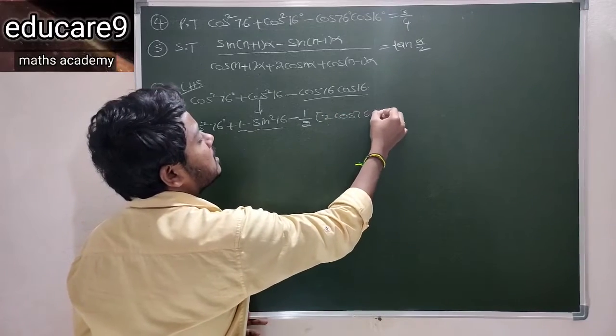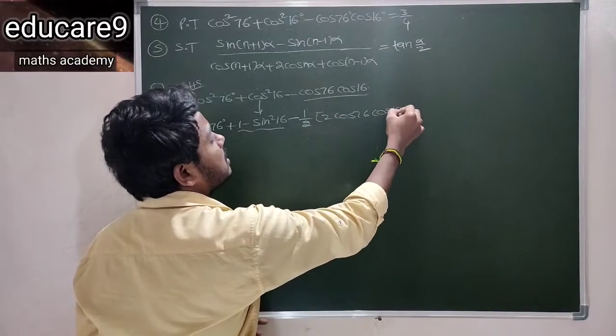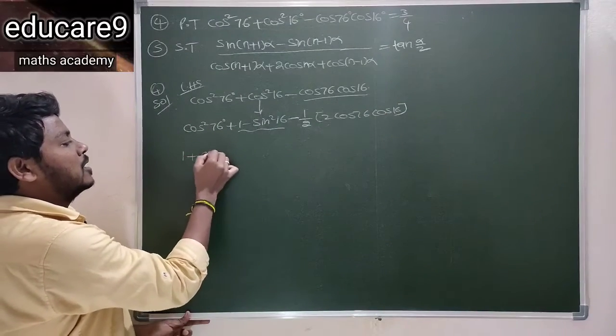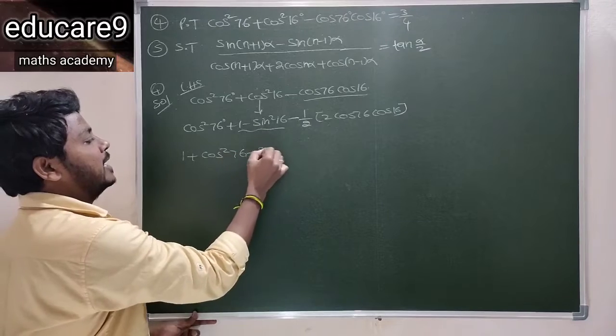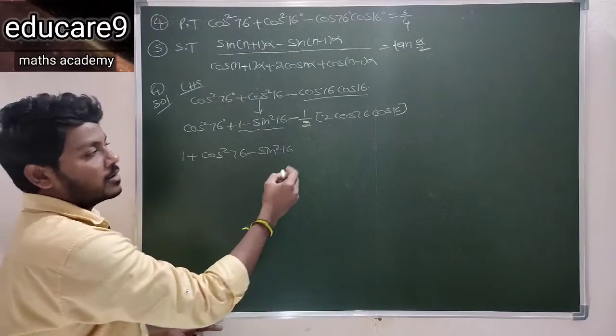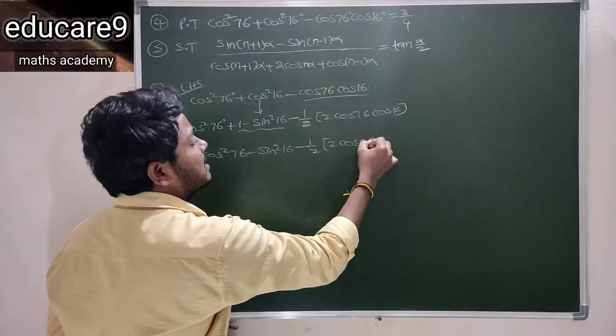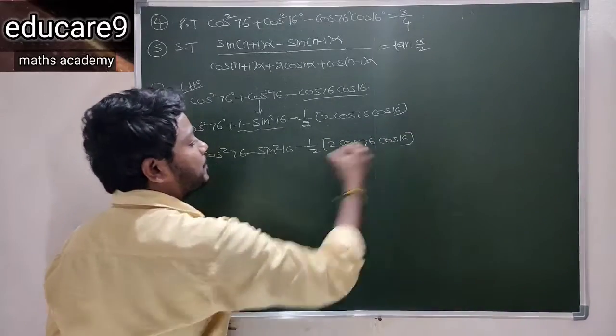Okay, 2 cos 76 cos 16. Now this is 1 plus cos square 76 minus sin square 16, so minus 1 by 2 into 2 cos 76 cos 16.